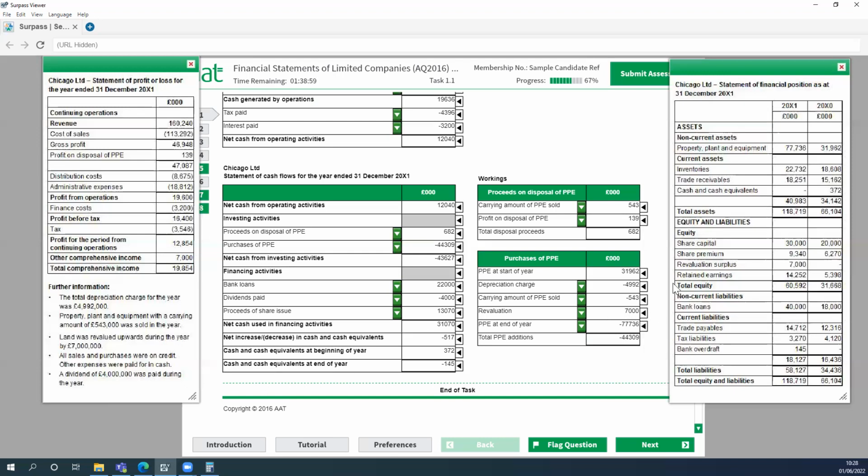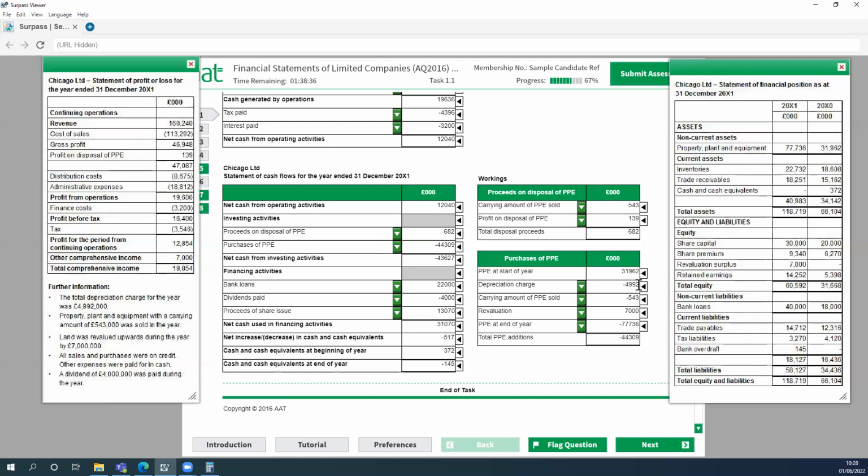So again, I prefer to do it on the board on the T account, so debit, balance brought down 31,962, balance carried down on the credit side of 77,736. And then your balancing figure would be your total additions of PPE. So again, the way the workings are, you'll see all your credits are coming off, aren't they? And your debit is being added.